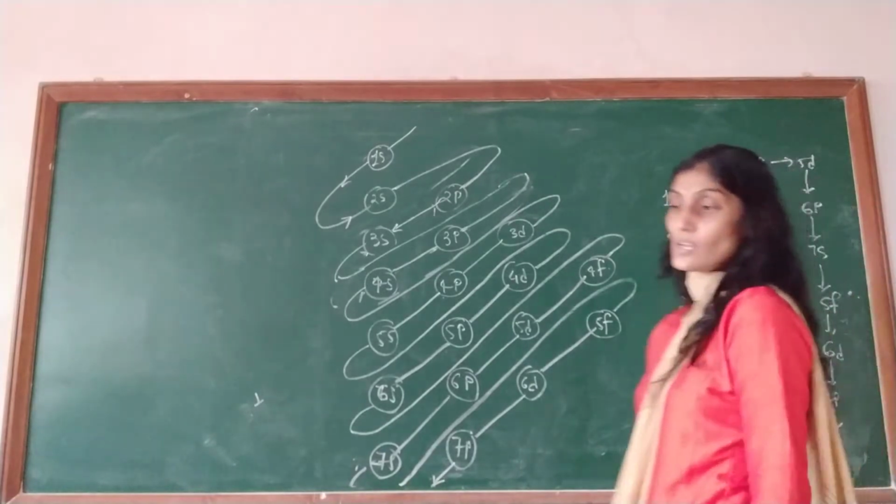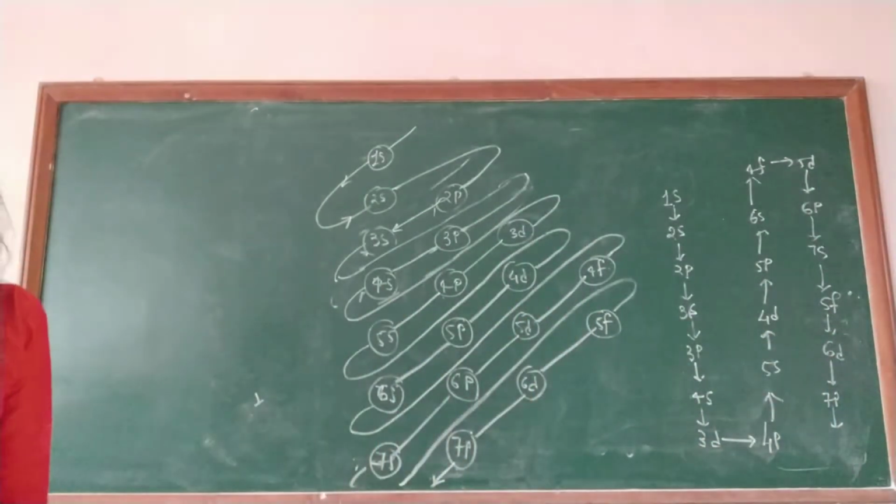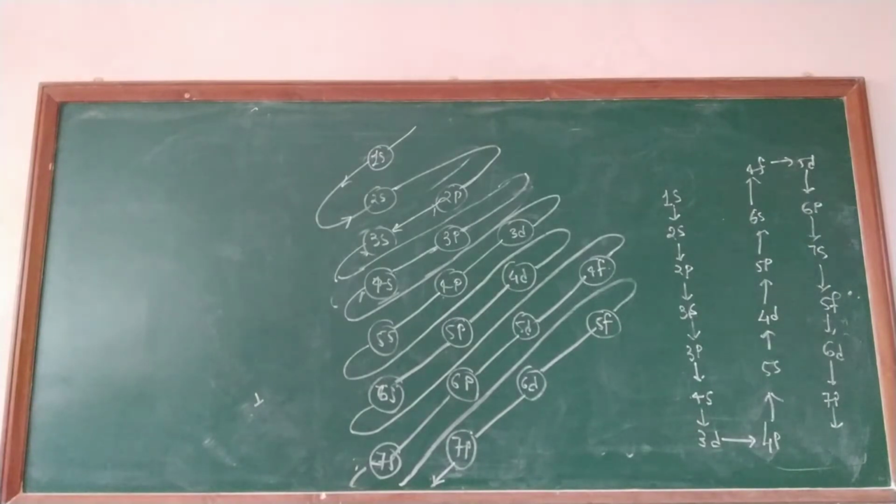So here the electrons start from 1s, then 2s, then 2p, then 3s, then 3p, then 4s, then 3d, then 4p, then 5s, then 4d, then 5p, then 6s, then 4f, then 5d, then 6p, then 7s, then 5f, then 6d and 7p.